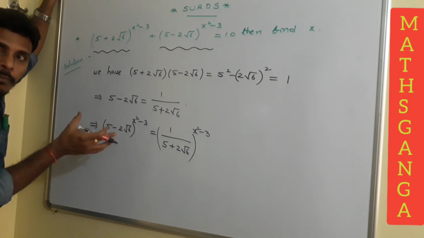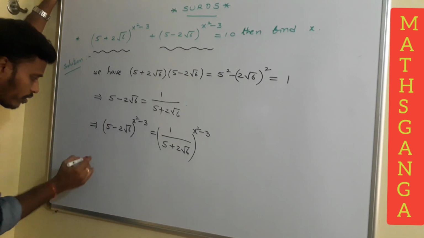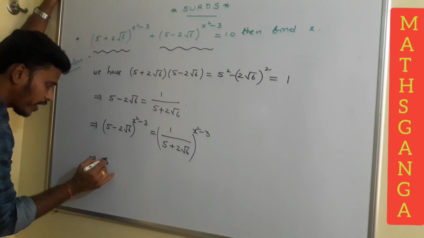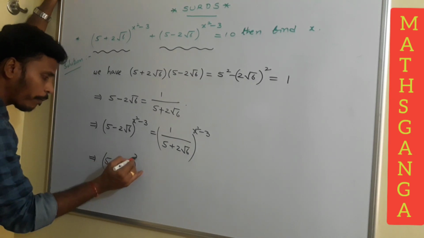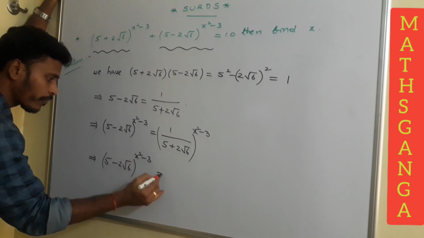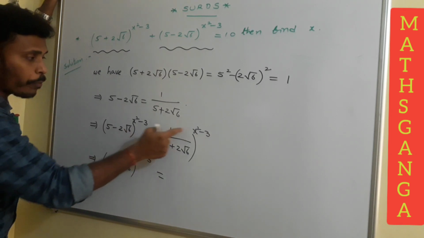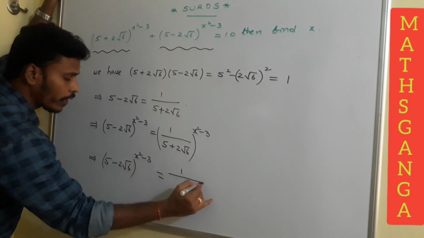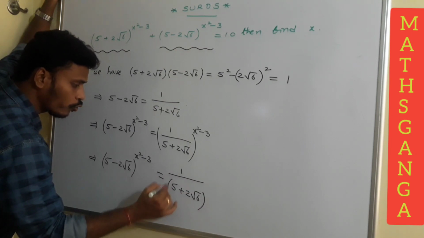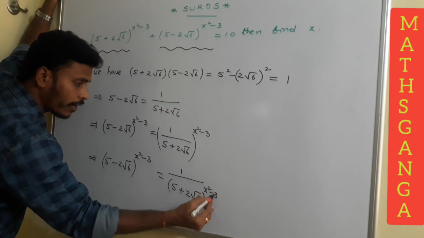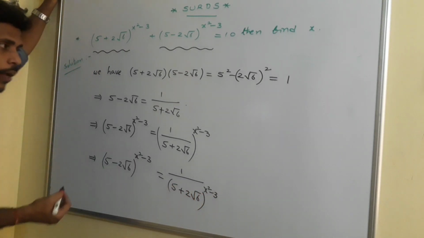Just I am taking the power x² − 3 on both sides. On this side I am left with (5 − 2√6)^(x² − 3), whereas on this side, 1 to the power anything is 1 itself, divided by, in the denominator, (5 + 2√6)^(x² − 3). I think it is very clear.